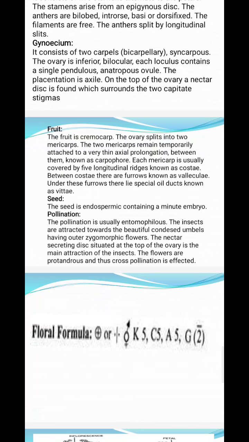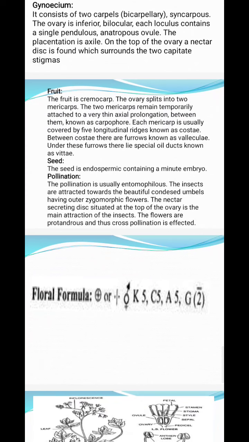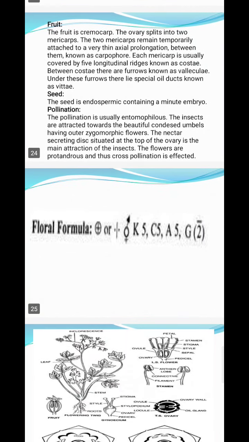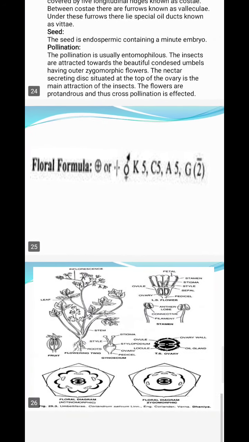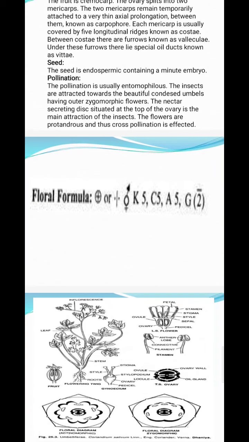Then pollination is usually entomophilous, the insects are attracted towards the flowers, and cross pollination happens. This is the floral formula, and these are the floral diagrams of this Coriandrum. So in that, there is the morphology. In that you have to see inflorescence and compound leaves, then stems and roots.